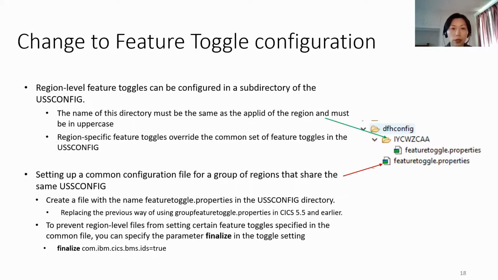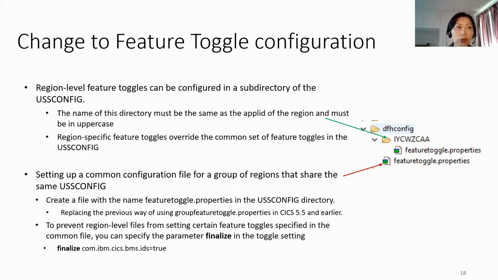The last one around the management part is feature toggles. The feature toggle was introduced in CICS from CICS 5.4. A feature toggle is a way of allowing you to specify certain options at CICS startup time without specifying them as a SIT parameter.